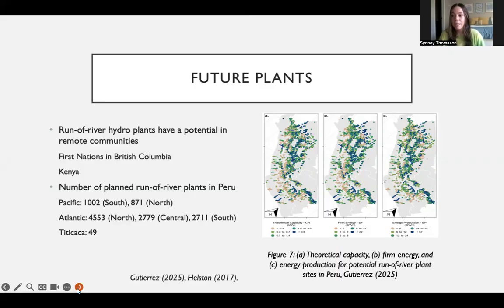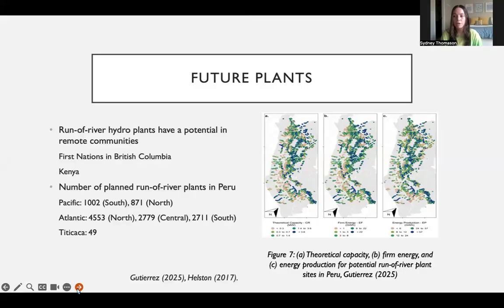Additionally, in a study that was conducted, they found that Peru has 11,965 suitable sites for the installation of run-of-river plants. 5,862 of those sites have a capacity of 1 to 20 megawatts, while 6,103 sites have a capacity of 0.1 to 1 megawatts.